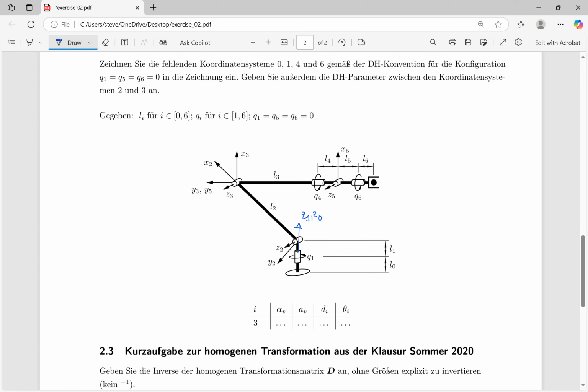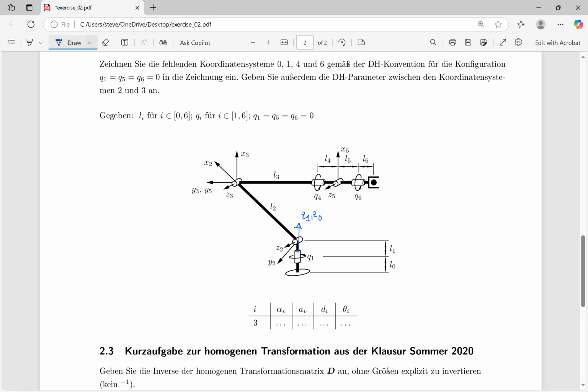For the x-axis, well, normally it would be the common normal between the two axes Z1 and Z2. However, this is the special case where Z1 and Z2 cut each other. So we are free to choose the axis x1.